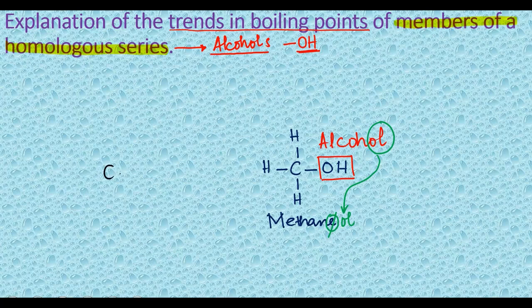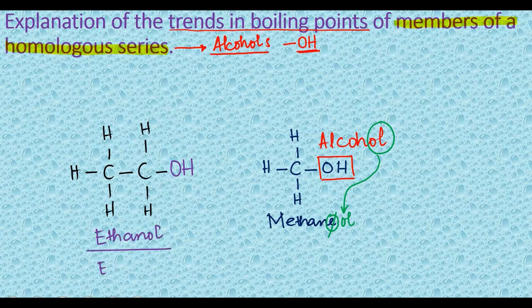Similarly, ethanol can be drawn by drawing two carbon atoms and attaching 6 hydrogen atoms by single covalent bonds, and now replacing one of the hydrogens with a hydroxyl group, making an alcohol. This alcohol is called ethanol. A 2-carbon compound is called ethane, and we replace the last E with "ol".